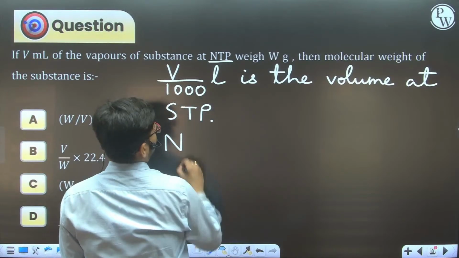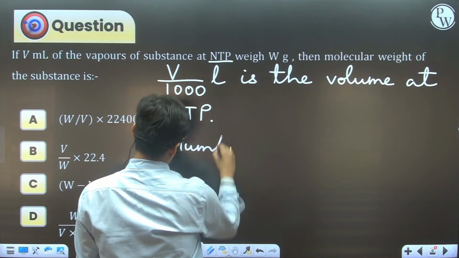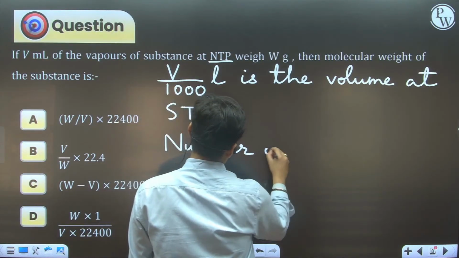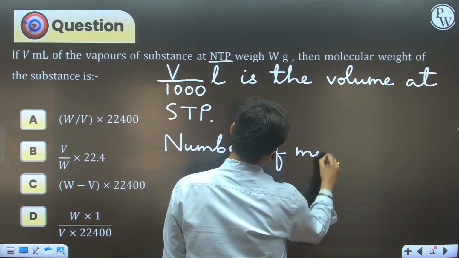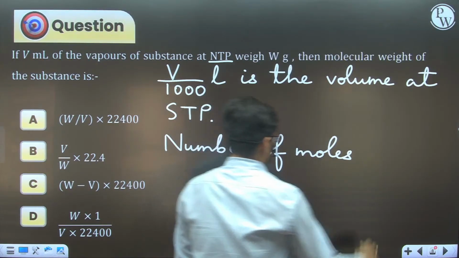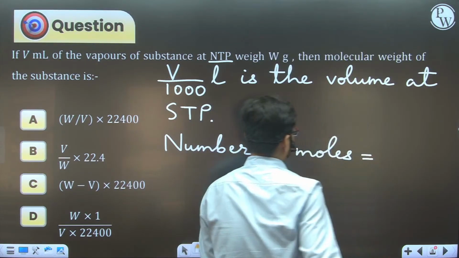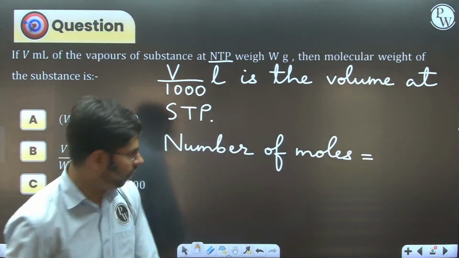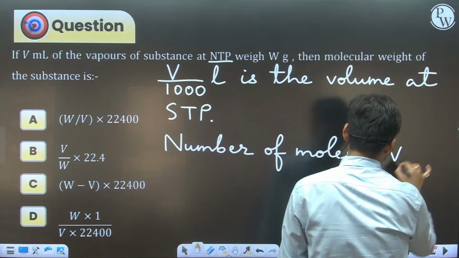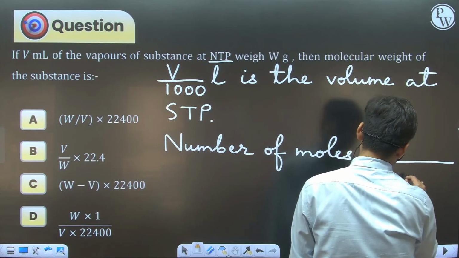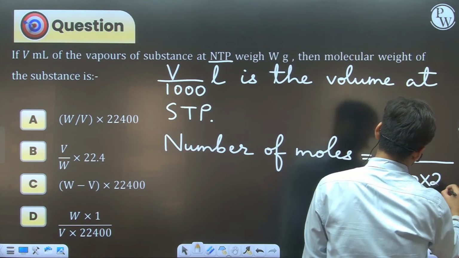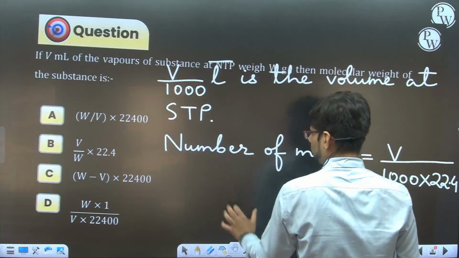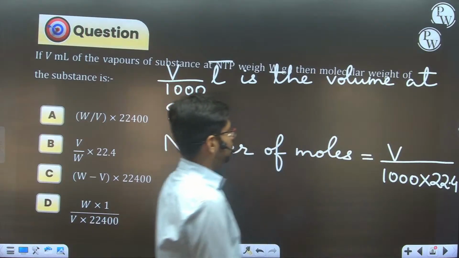Now, number of moles. Number of moles is equal to volume in liters at STP upon 22.4. So let's use that. Alright. So this is what I'll get.